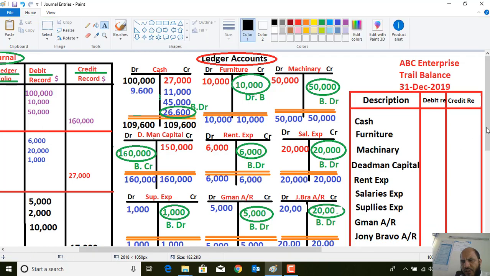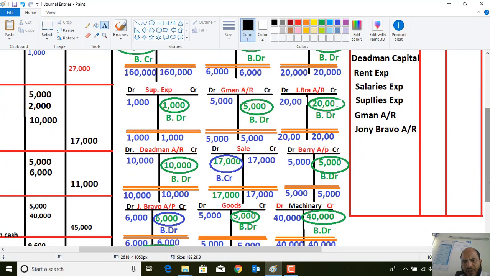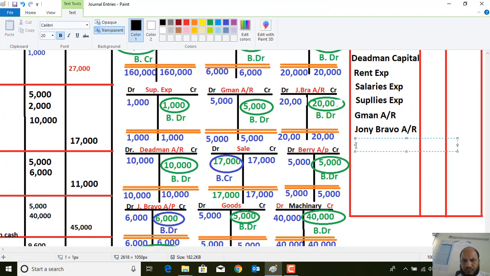And along with this, we will have the Deatman account receivable. We will have the sale account.